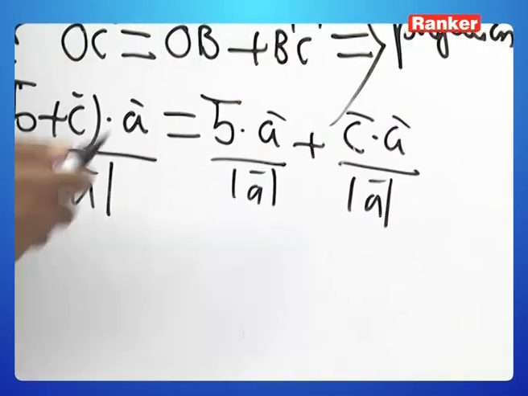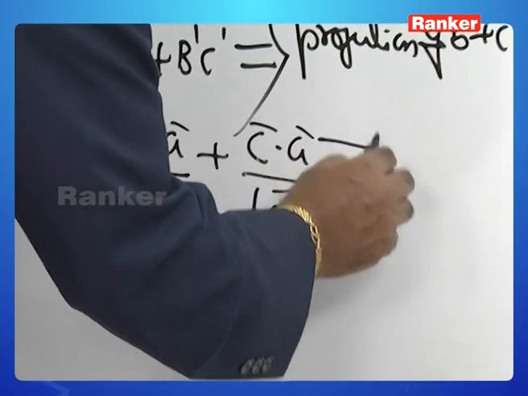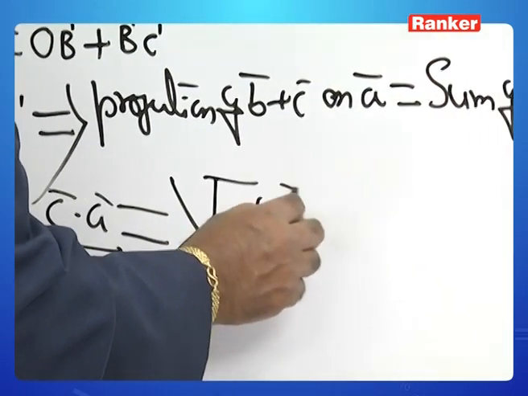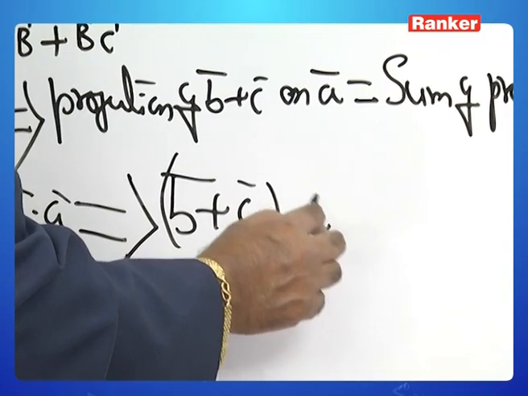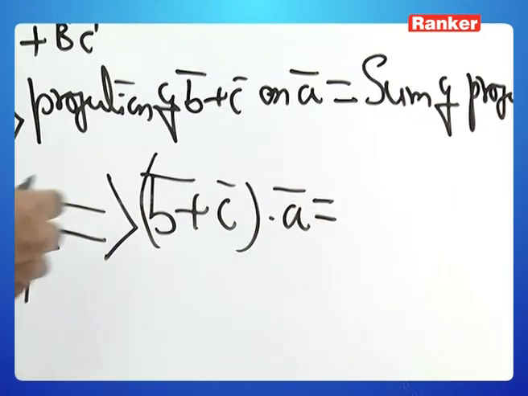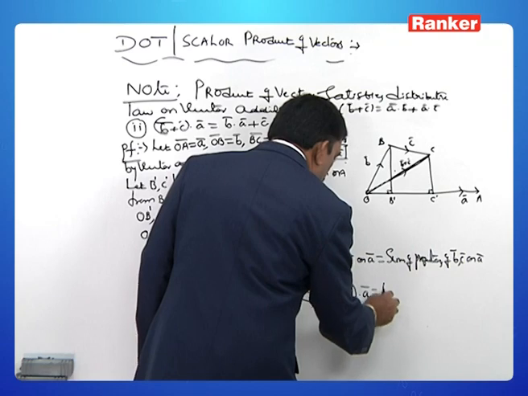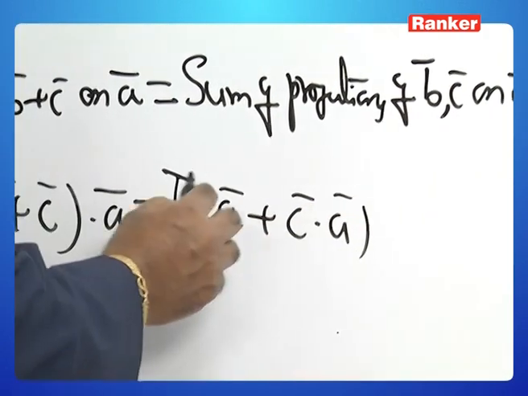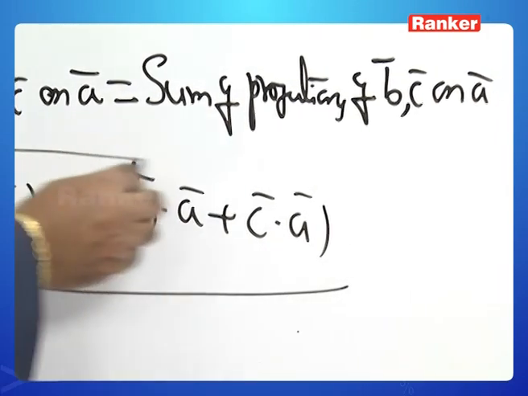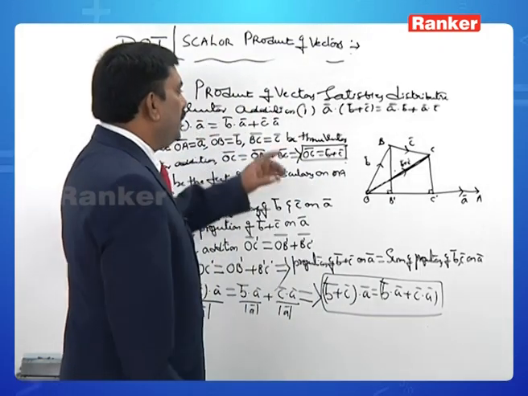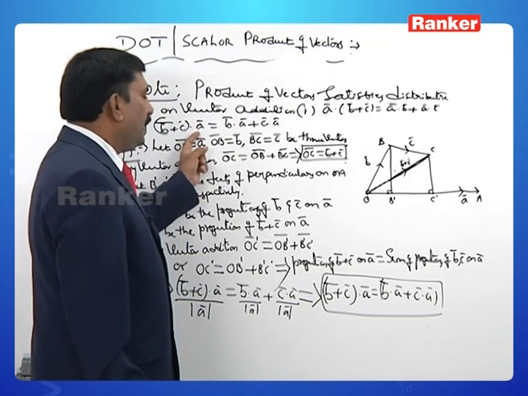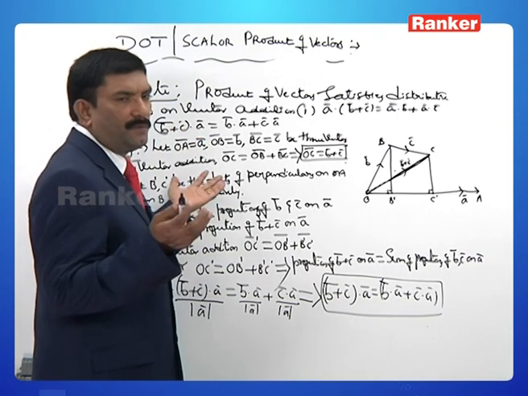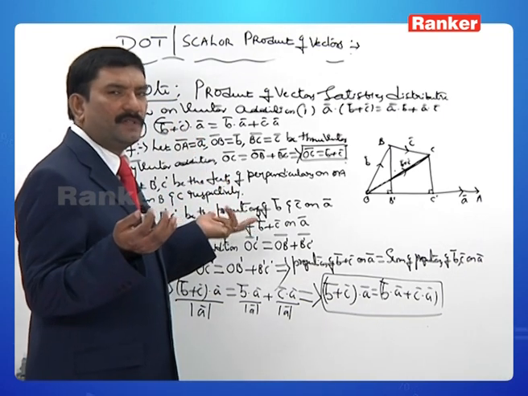In the denominator you have modulus of A bar common. I can write B bar plus C bar dot A bar is equal to B dot A plus C dot A. Yes, we verified this is the condition. This satisfies the right distributive law. We can also prove the left distributive law.